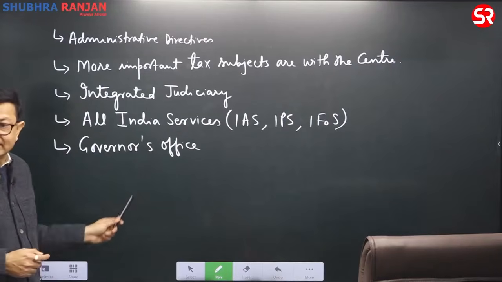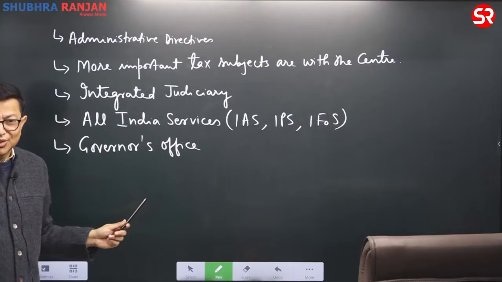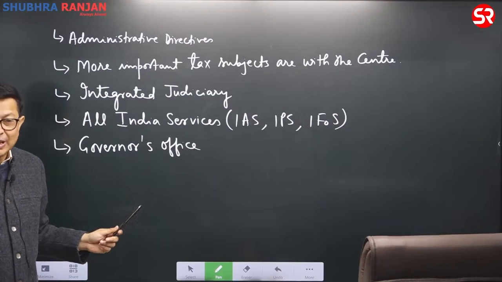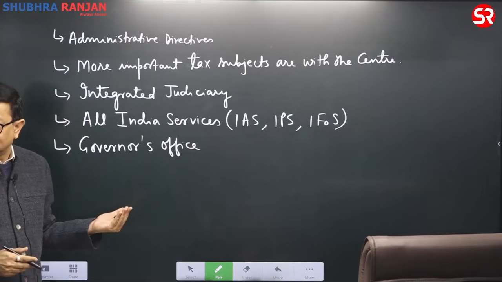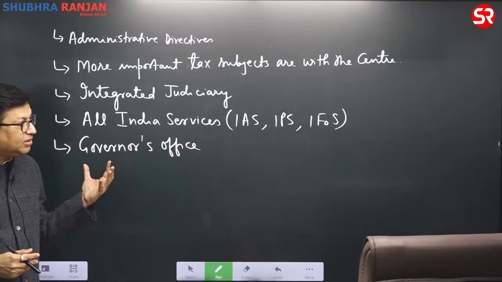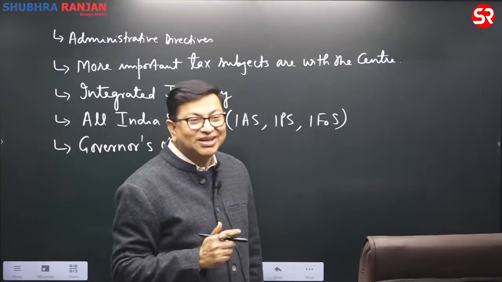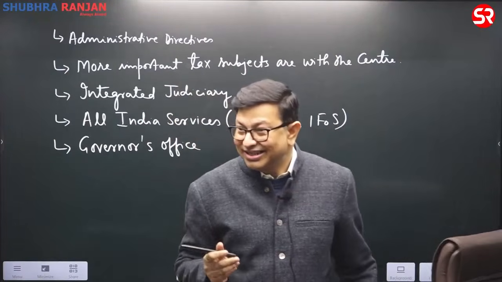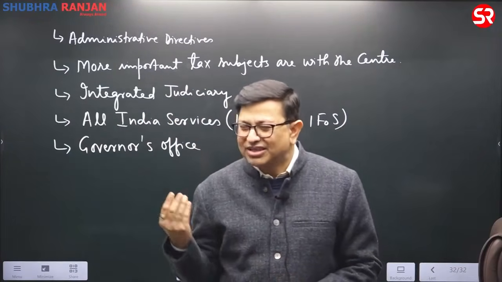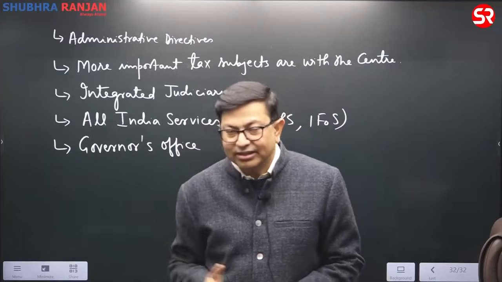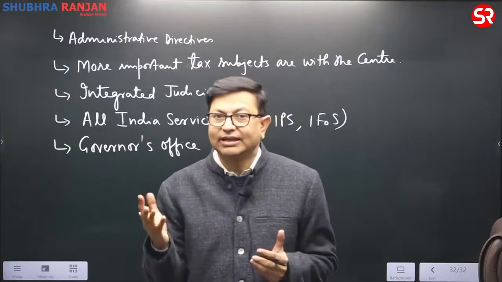So the governor's office, people say that it is also a unitary feature. There are many other aspects also, if you see, where we have a leniency towards the central government. So these are the unitary features which may be asked in the examination. The rest of the center-state relations, I will be discussing with the other aspects also.